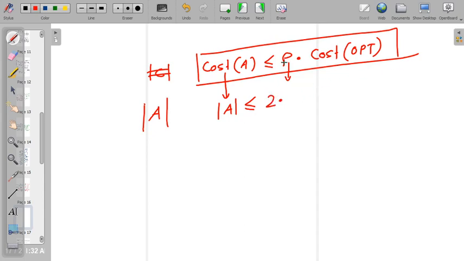If I take rho as 2, the cost of opt will be C star, and the cost of A, as in the example, is C. So you have to prove this. How can we prove this?